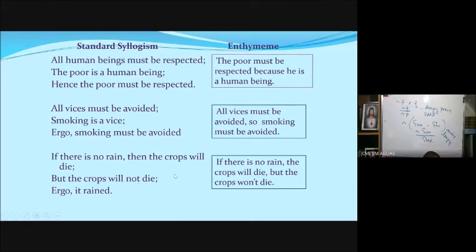It's always mentioned twice. So here, "poor", and "he" means the poor, right? So it's the same. This is mentioned twice. All vice must be avoided, avoided, twice. Crops will die, crops won't die, twice.